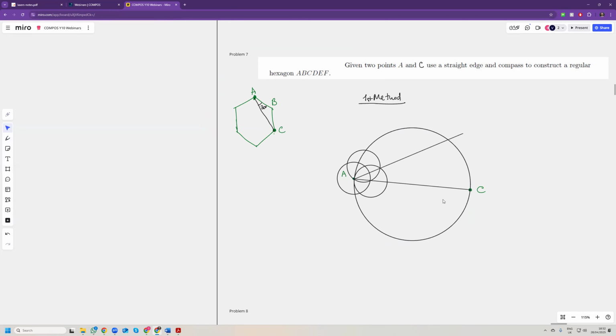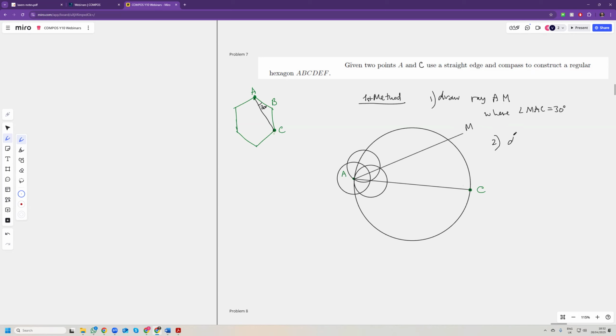Okay. Method first, draw ray AM, where angle MAC is 30 degrees. Okay, so this is MAC. It's a 30-degree angle.